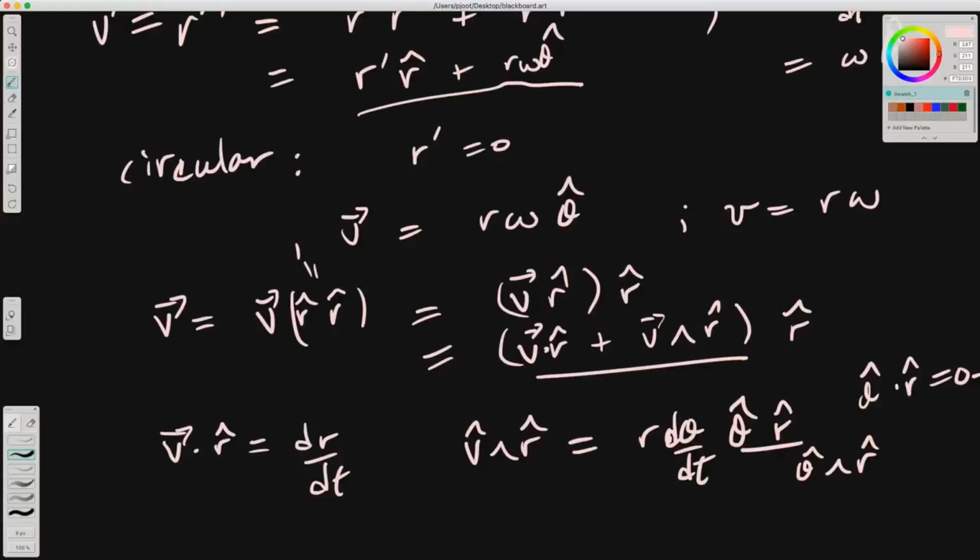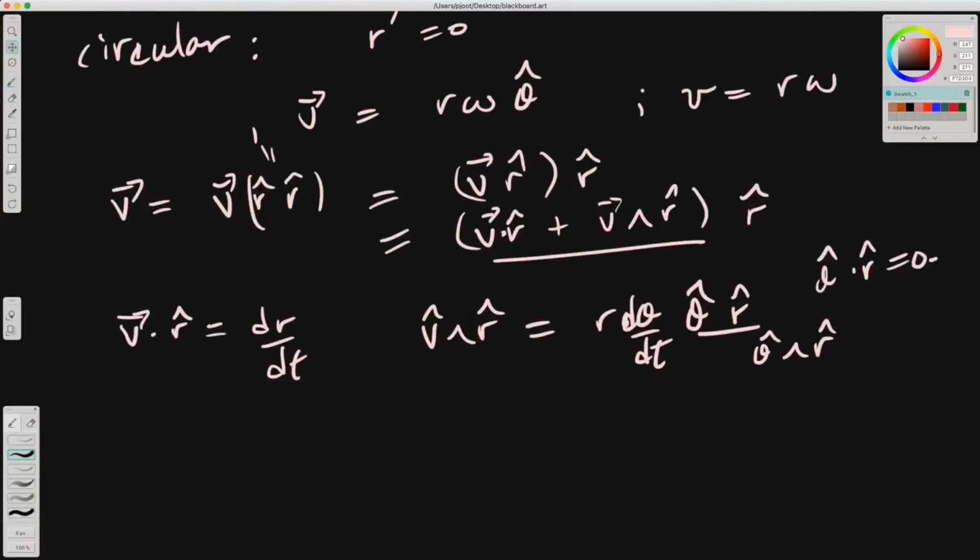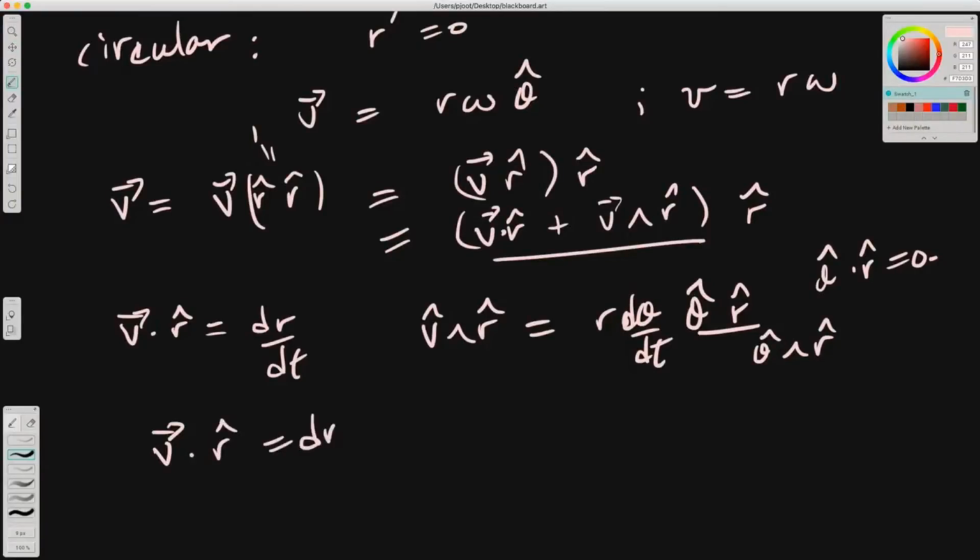So we have v dot r hat equals dr dt, and v wedge r hat equals r d theta dt theta hat wedge r hat.